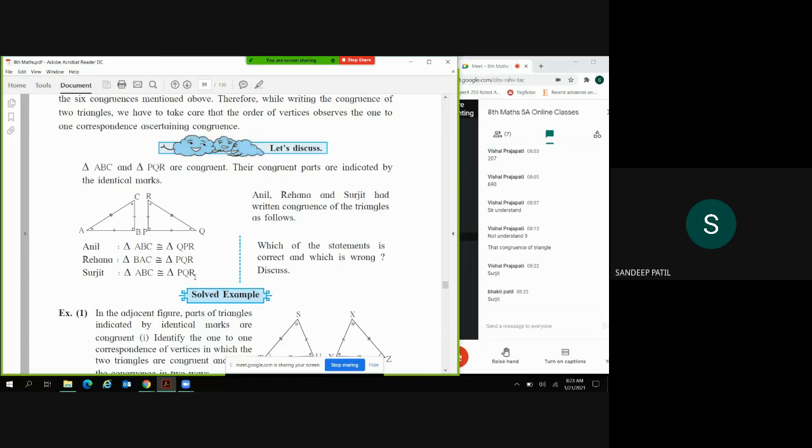So which is the right answer here? Anil, Rehana or Surjit? Who has given the right answer? That triangle ABC and triangle PQR are congruent. Any other students who want to volunteer for the answer?